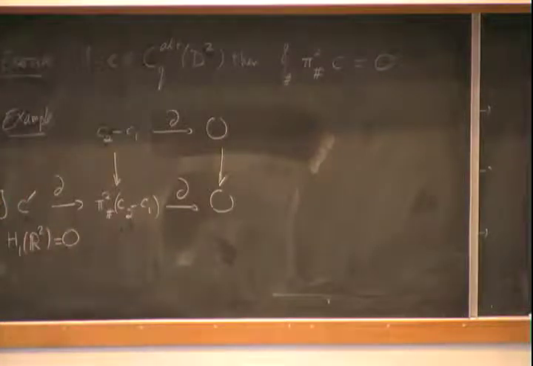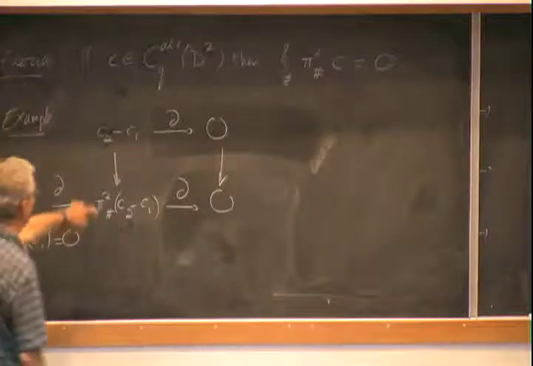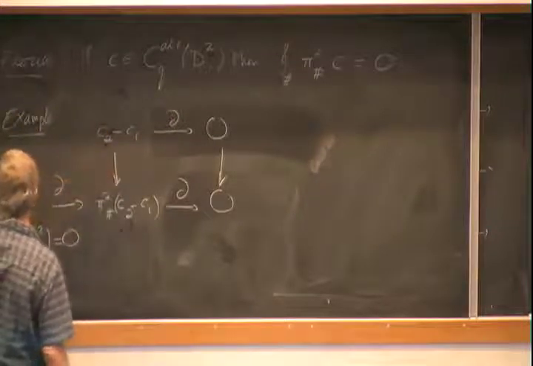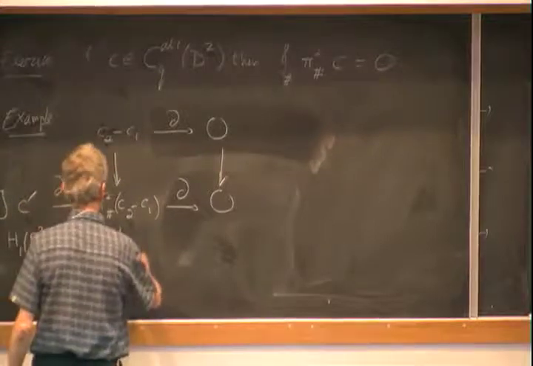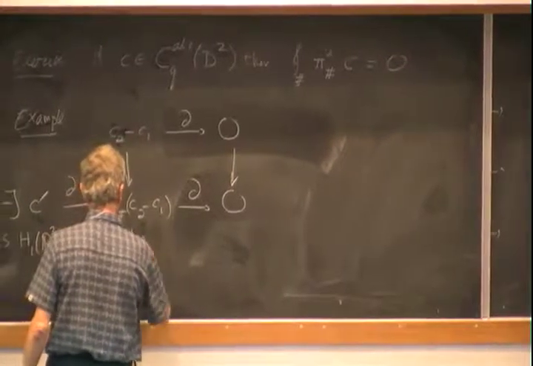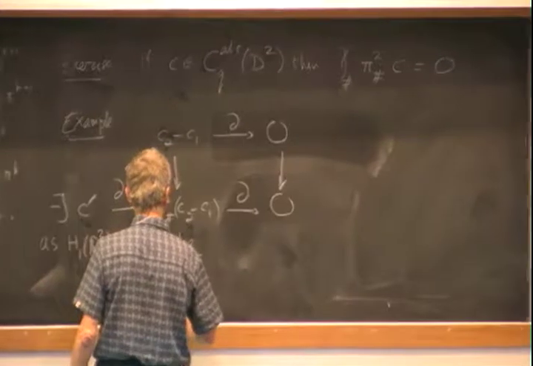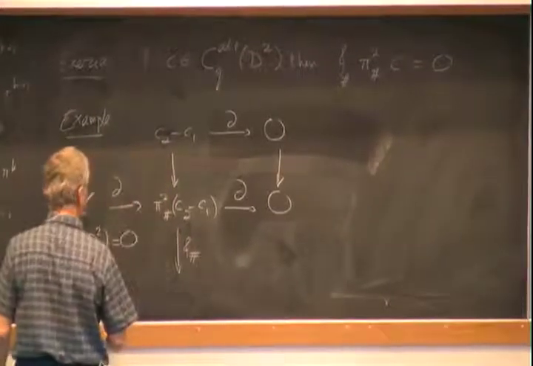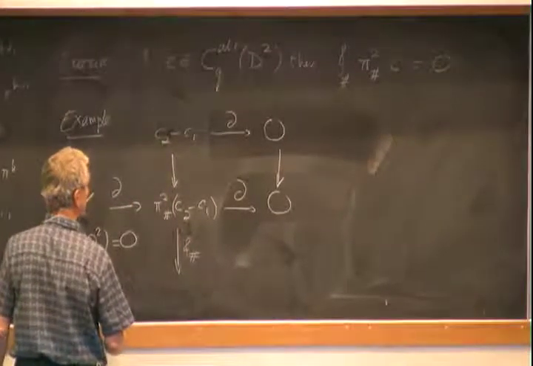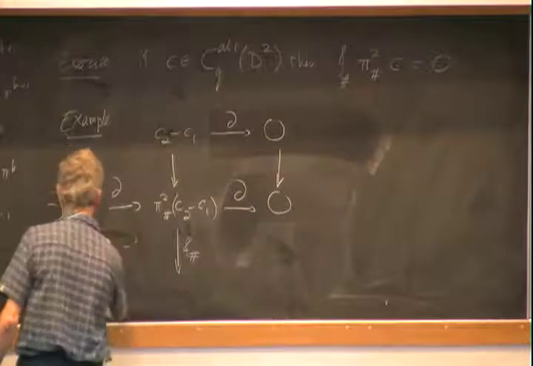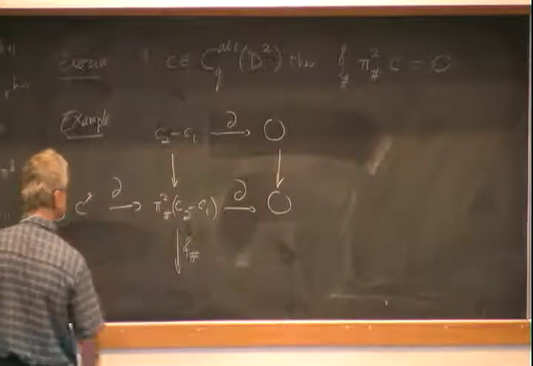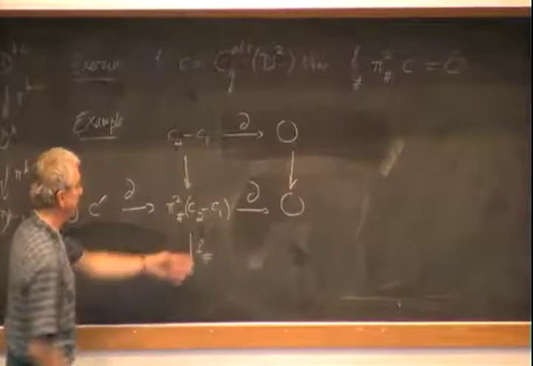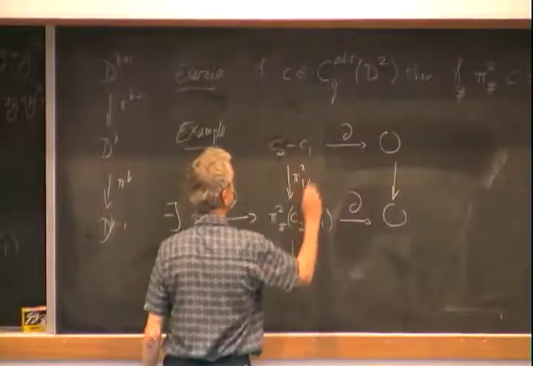Okay? But now we repeat. Now I apply, well, I don't have any more pi's, but I have F lower sharp. So let's rub that out. So what happens when I apply F lower sharp? This was pi 2 1 lower sharp.